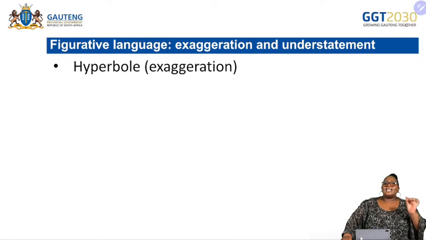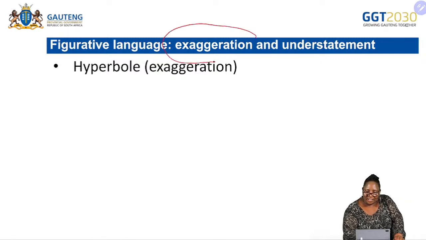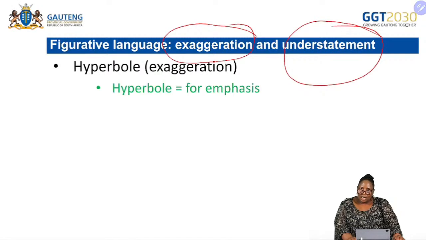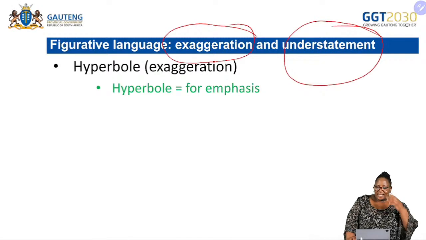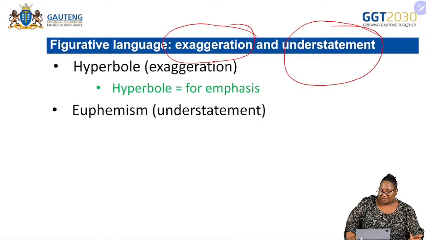Let's look at the second group of figures of speech, the ones that have to do with exaggeration as well as understatement. Hyperbole, exaggerate. Why do we exaggerate? We exaggerate for emphasis. If you want to emphasize something, we use what?